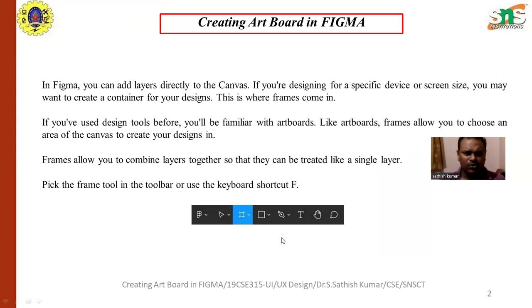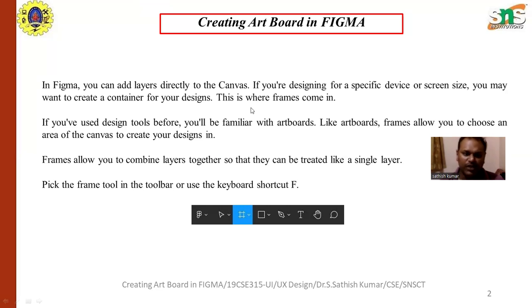In Figma, you can add layers directly to the canvas. Each frame can be a layer, and we can implement it directly into the canvas. If you are defining a specific device or screen size, you may want to create a container for your designs. This is where frames come in.